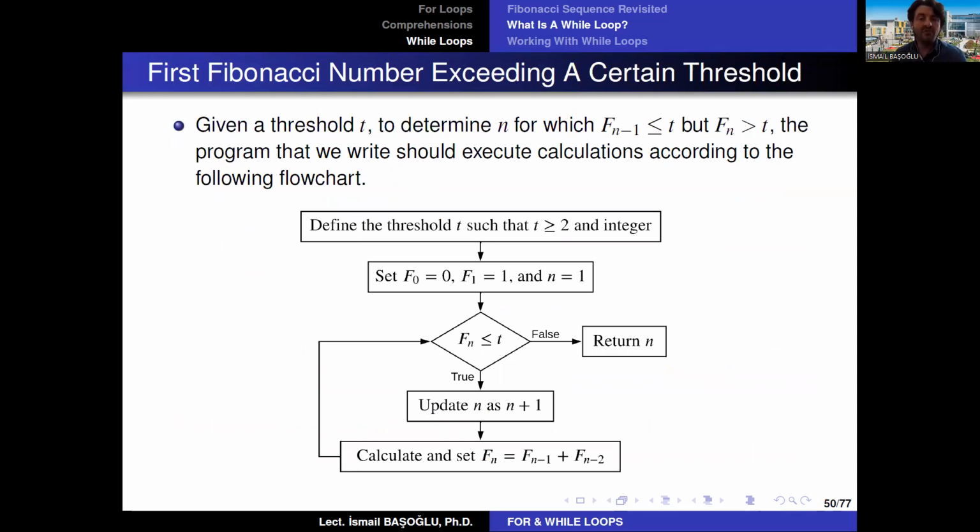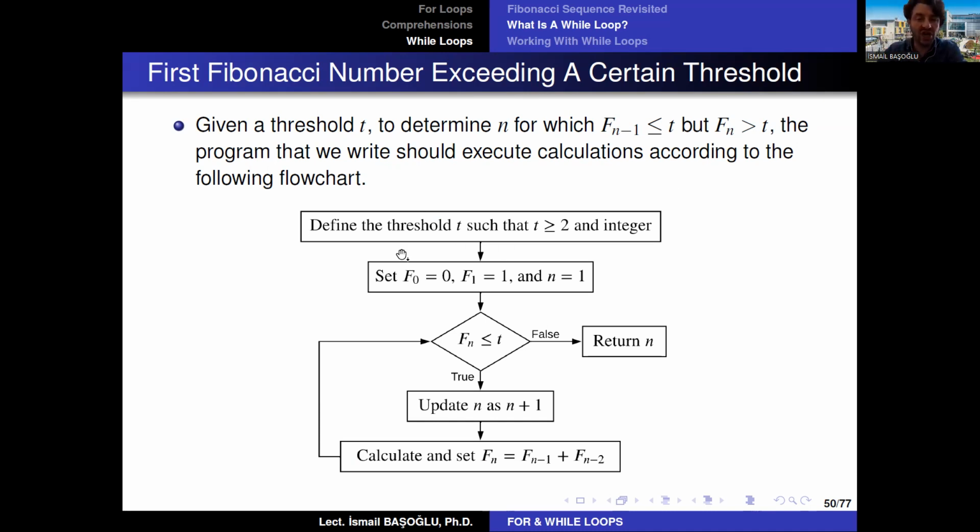I say, what is the index of the first Fibonacci number which exceeds t, which means the previous value will be less than or equal to t, but the next value will be greater than t. Okay, so once I satisfy such a condition, I will return the index n as the index of the first Fibonacci number that exceeds a certain threshold.